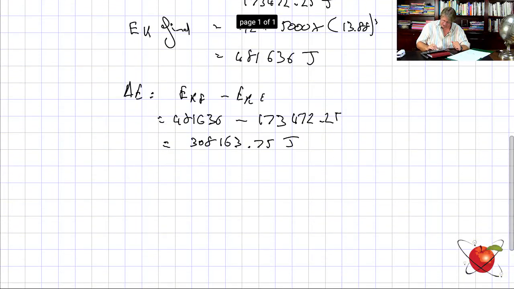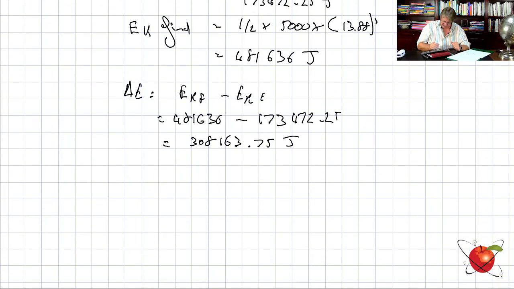Now, remember, we also said that F net times delta x, the displacement, the distance traveled, is equal to delta E_k. We proved this way back. Remember that?